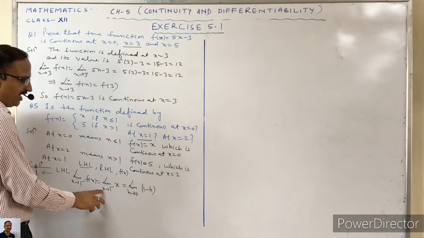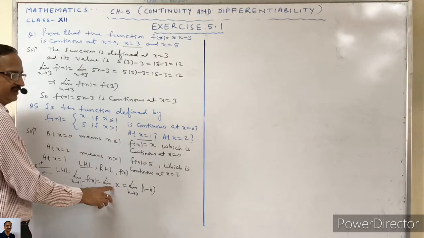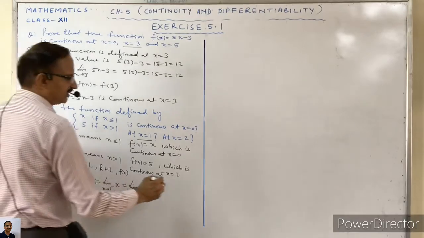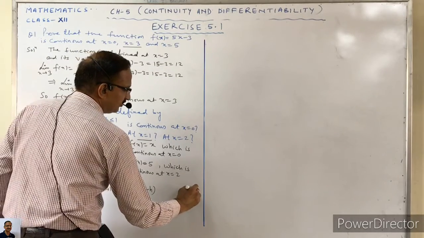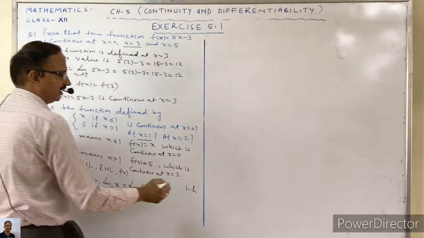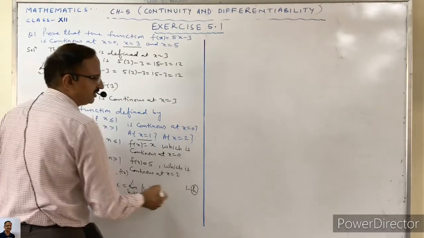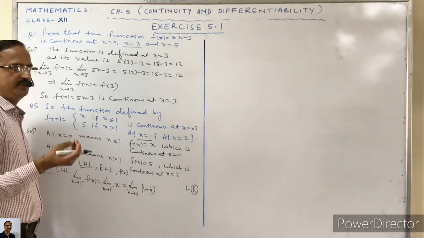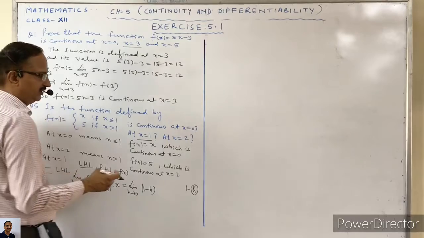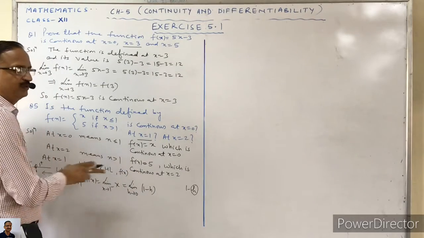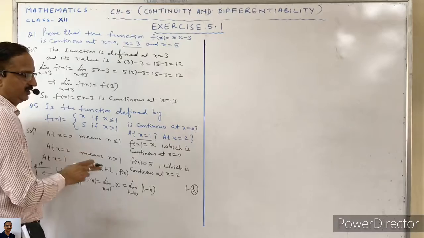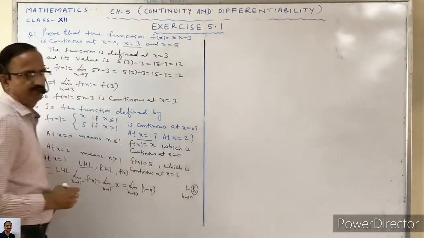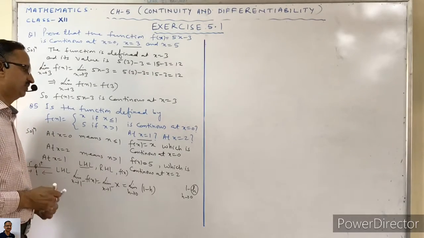Why? Because x tends to 1 minus means slightly less than 1, and slightly less than 1 means something that is very small. So I am considering h as a quantity which is very small. When we subtract h from 1, we are approaching from the left, and h tends to 0.